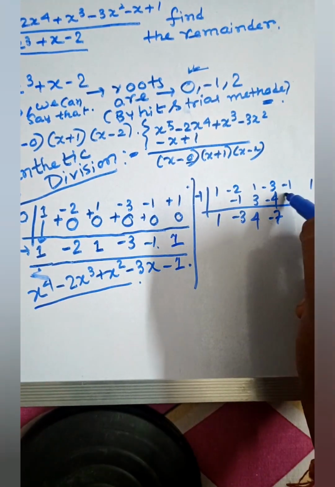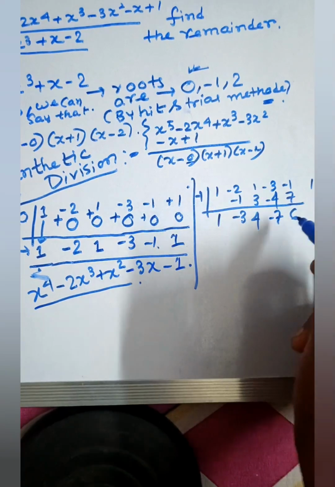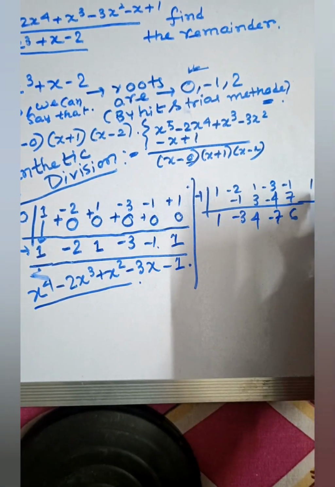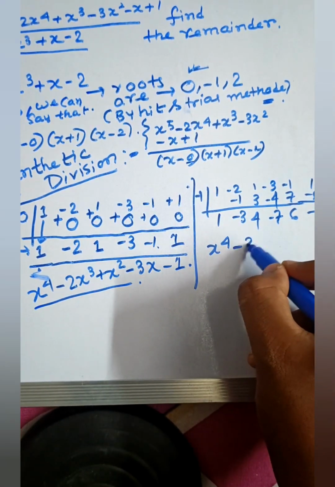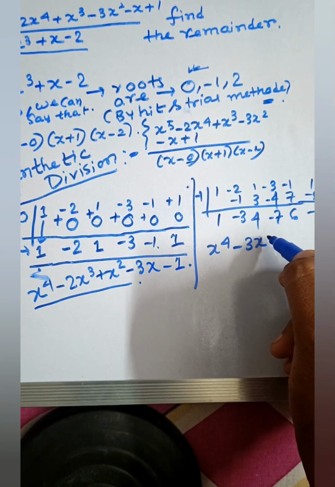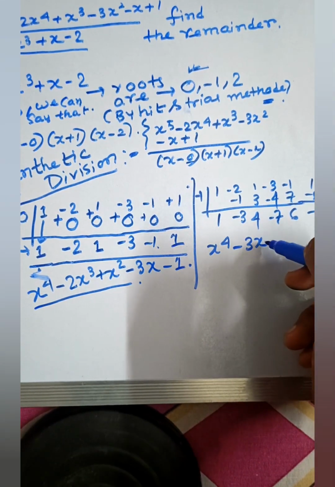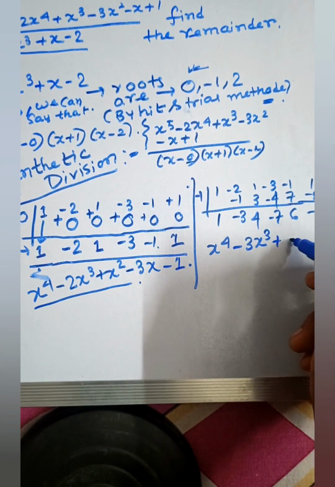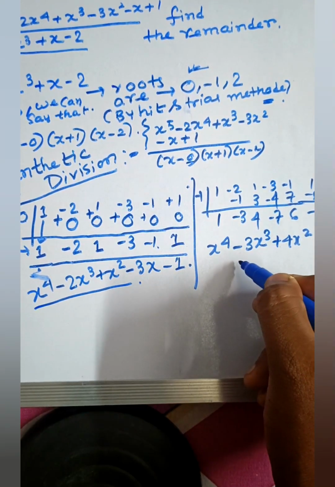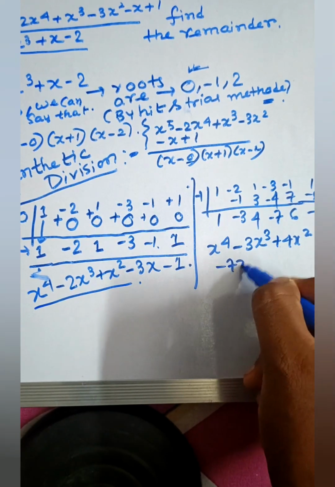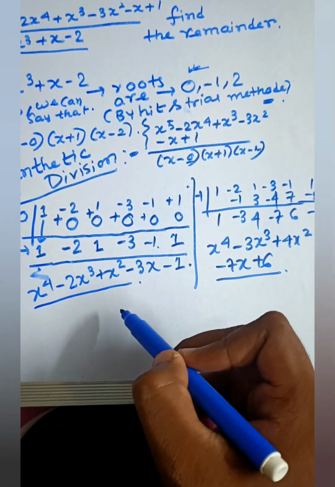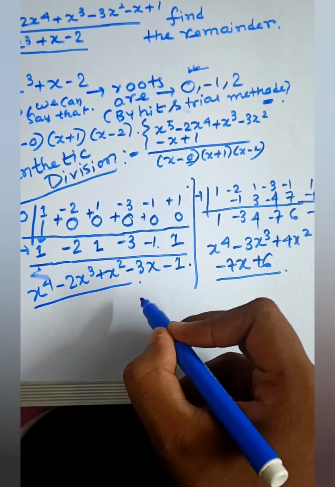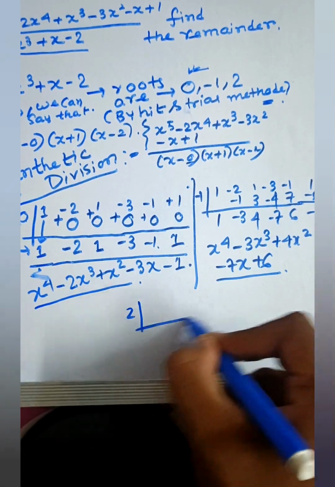Minus 1 into minus 7 is 7, giving 6. Minus 1 into 6 is minus 6, giving minus 5. So we get x to the power 4 minus 3x cube plus 4x square minus 7x plus 6.